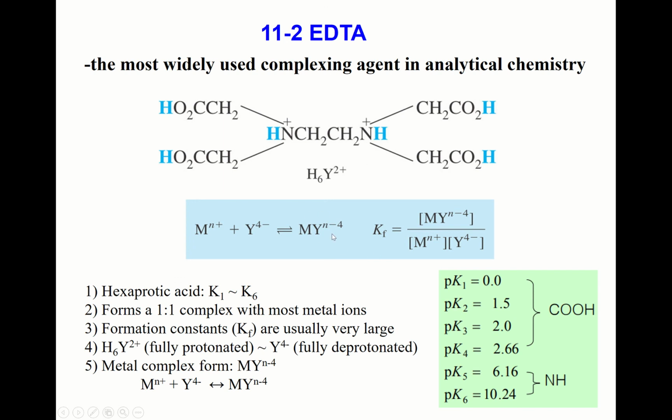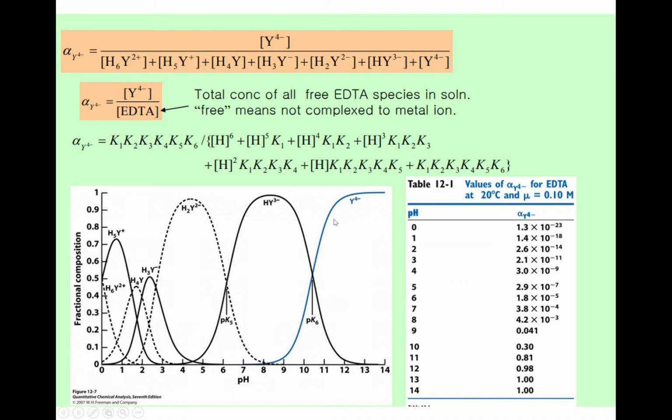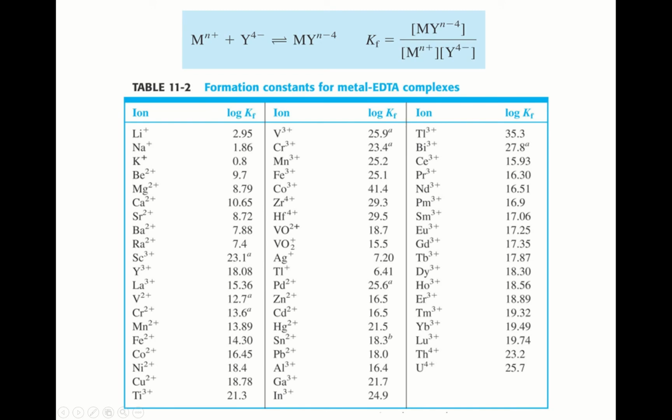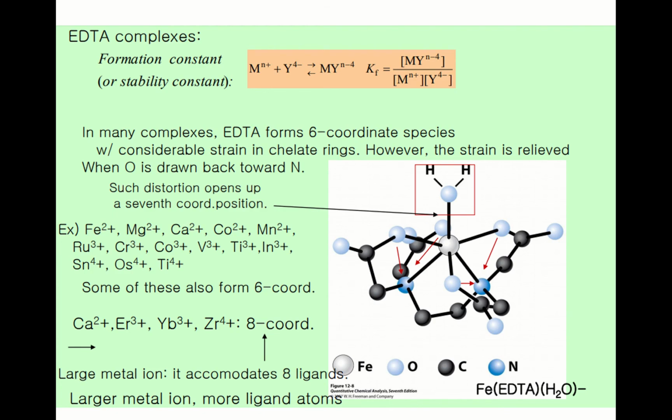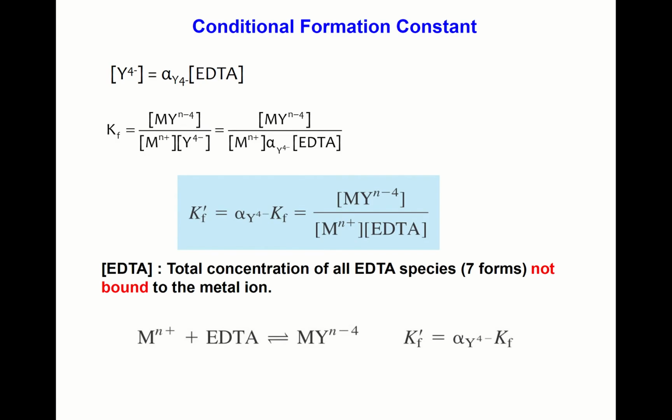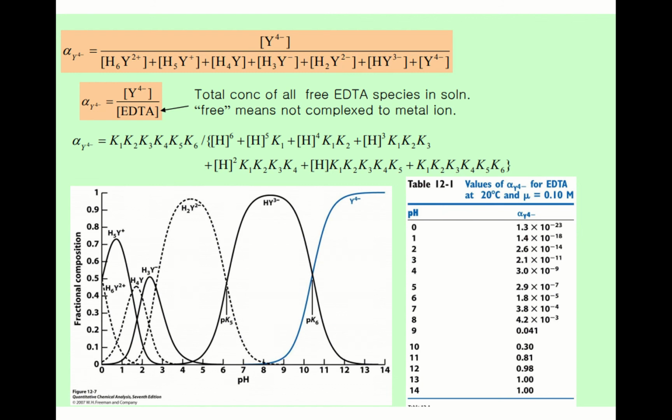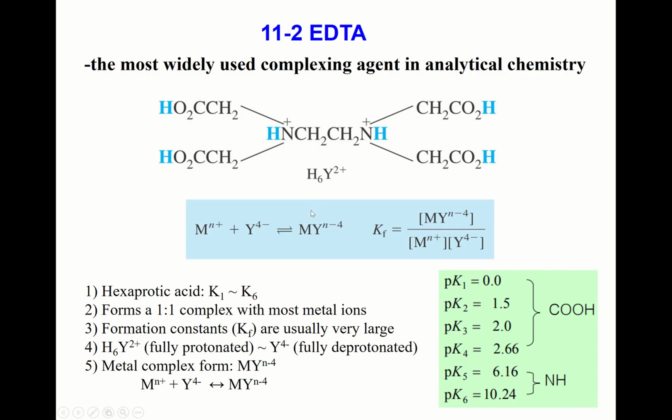So you must not be confused about that. In principle, any form can complex with metal ions, but the final form after complexing with the metal ions is this one.